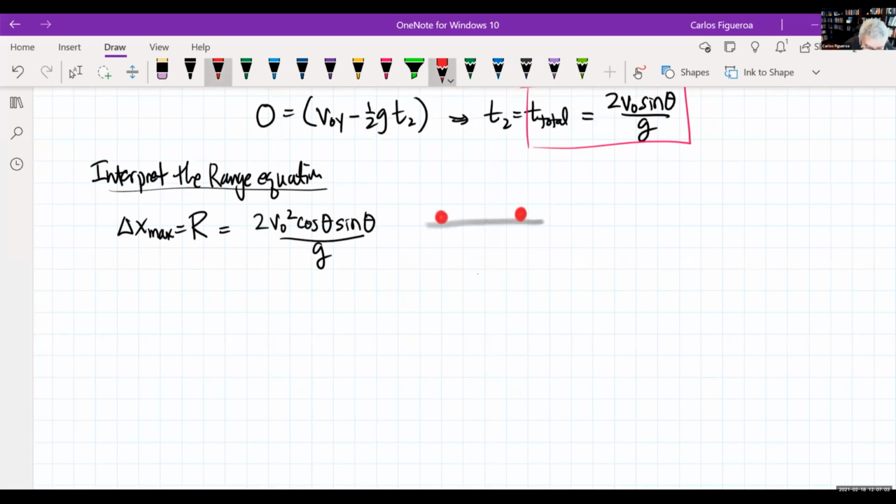So when I'm looking at this guy, because we have same heights, this means we can use it. So it's okay to use the range equation. But what about this scenario here? Suppose you have something that goes like this now.